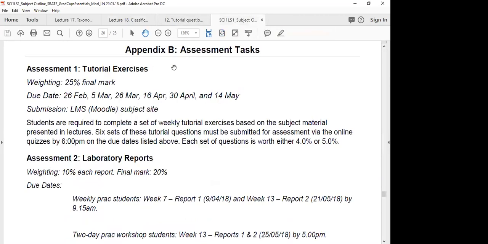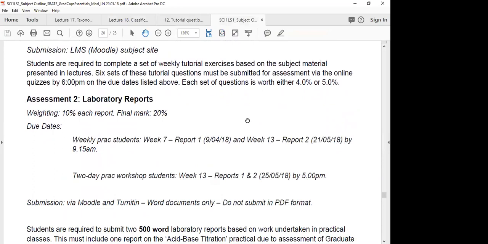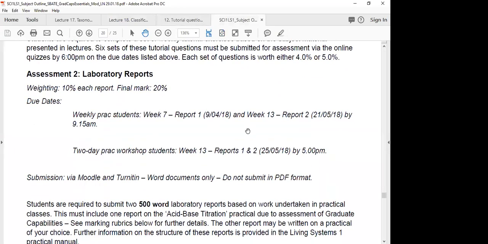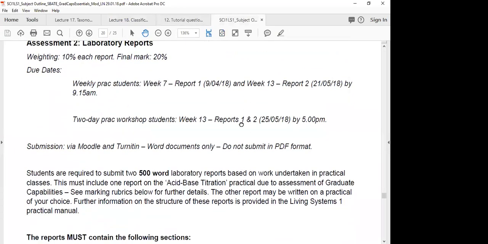All right, before you all go, I'd just like to point out something that's quite important for one of your prac reports. So this is part of the subject outline here. Lab reports.